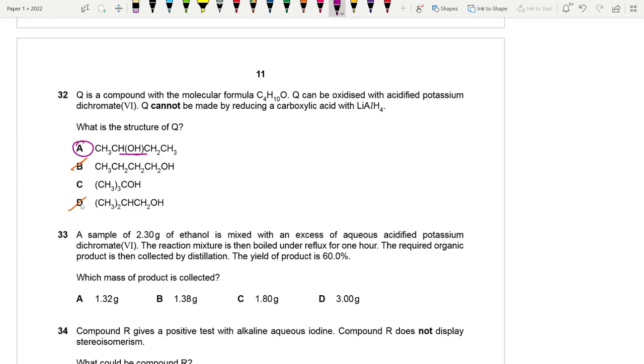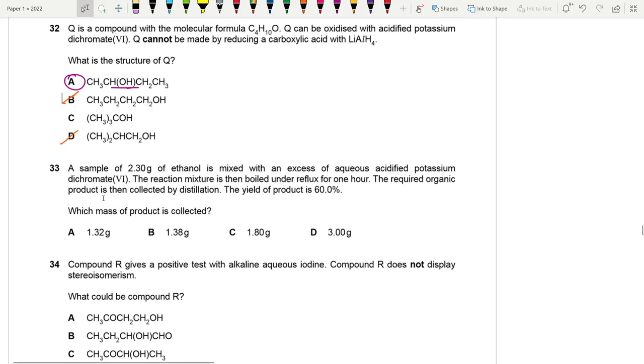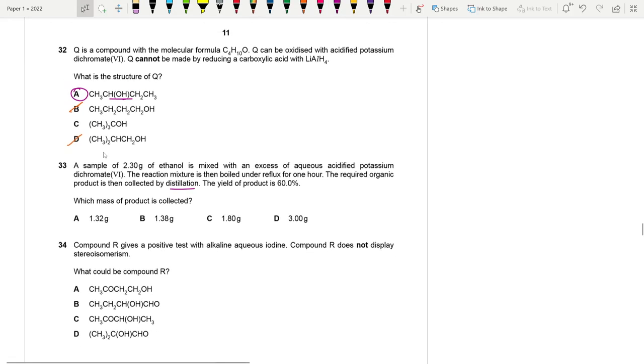33. A sample of 2.3 grams of ethanol is mixed with an excess of aqueous potassium dichromate. So yeah, guys, we actually saw this question in Feb March 2022 maybe. One of you asked me that after we distill, aren't we supposed to get an aldehyde? But look, the time matters. We kept it for 1 hour, right?